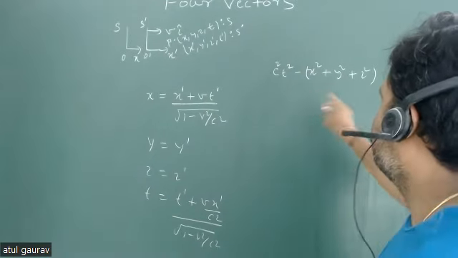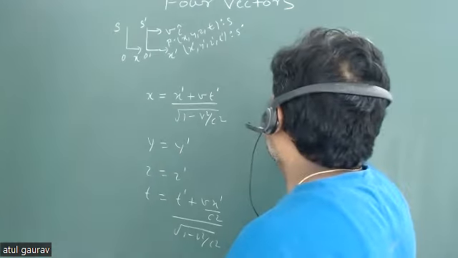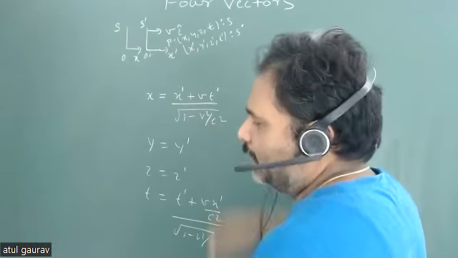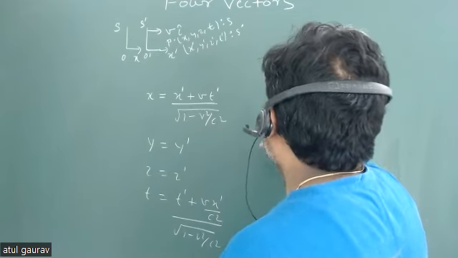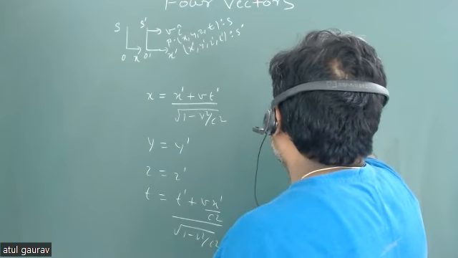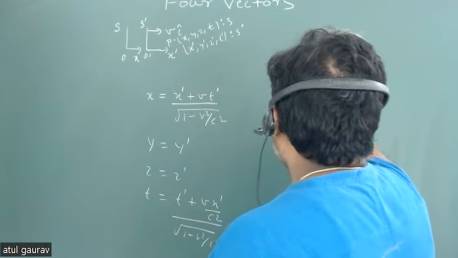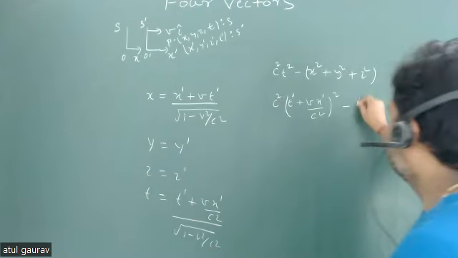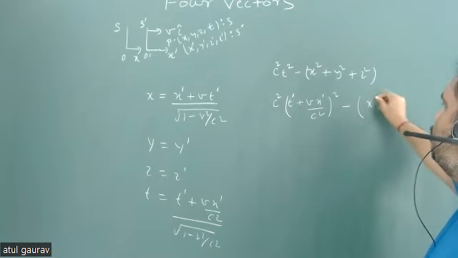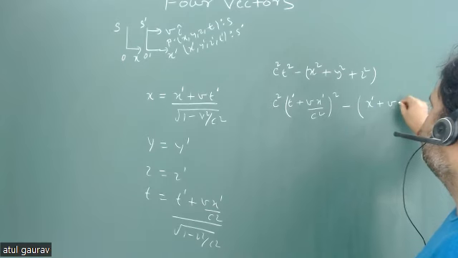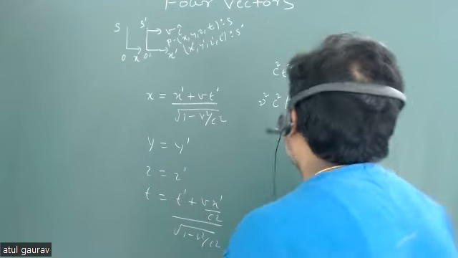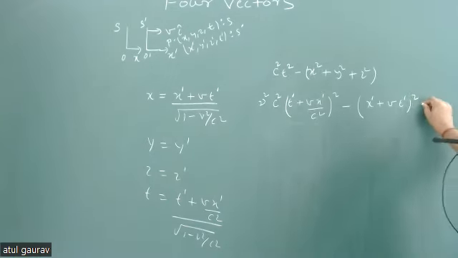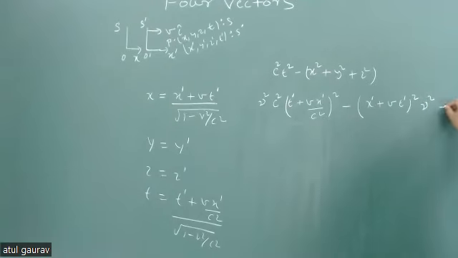If we transform it, what will happen? This ct can be written as c square times t dash plus v x dash upon c square, whole square, minus this x, which can be written as x dash plus v t dash, whole square, and obviously you have gamma square here, minus y dash square minus z dash square.